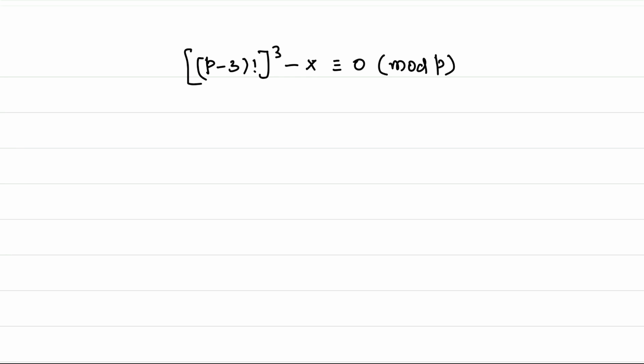Do you agree? Can we write this way? P minus 3 factorial whole cube equivalent to x mod p. We will bring x on the right hand side.